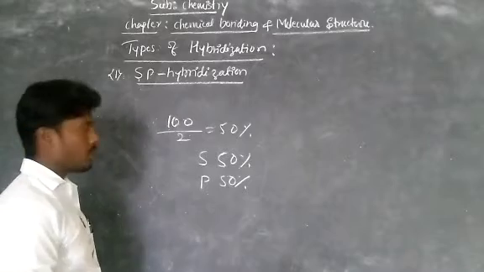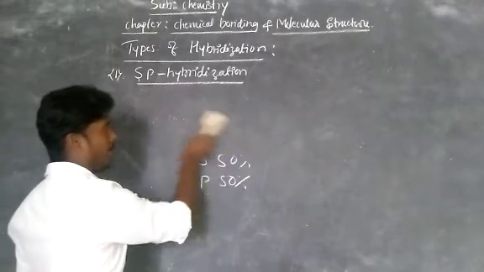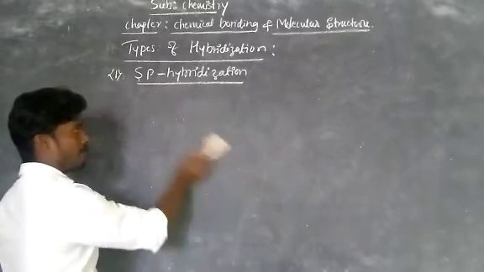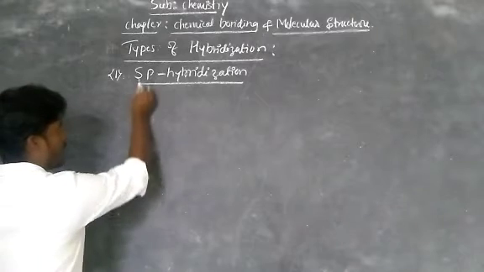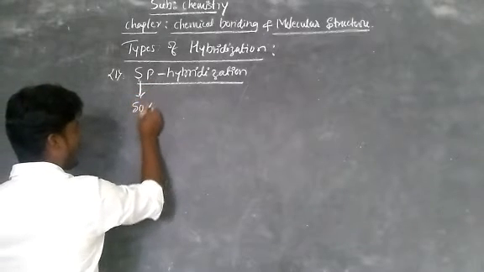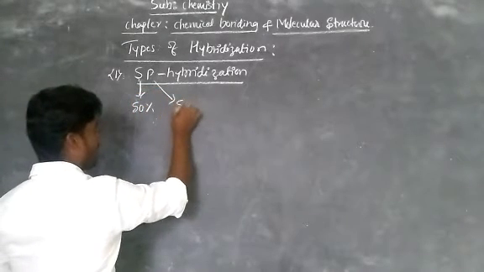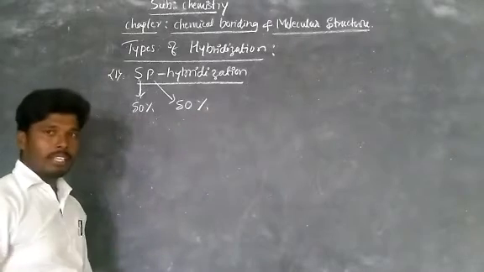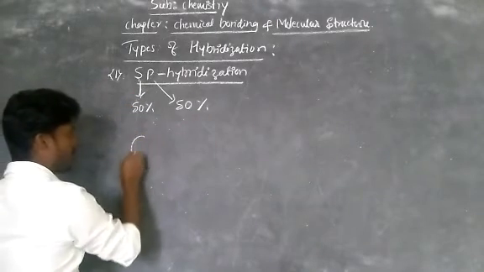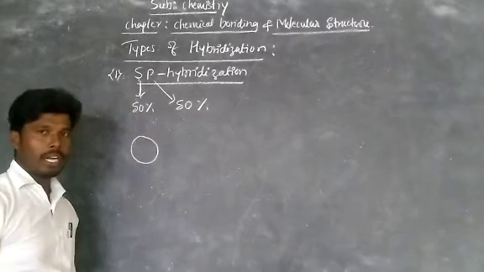Got it? So this is the way to calculate sp percentage. In sp hybridization, there is 50% s character and 50% p character. You know this s is spherical in shape, there is no orientation.